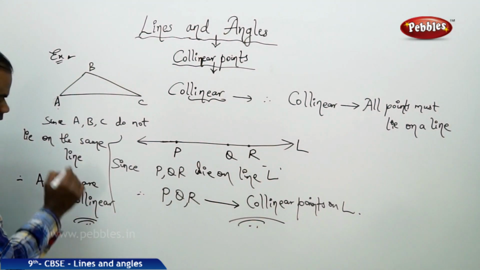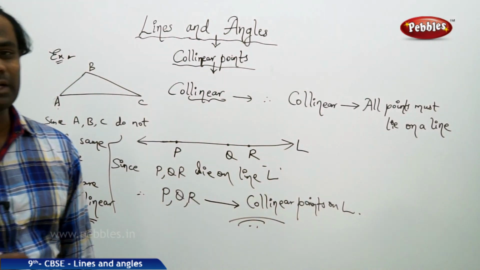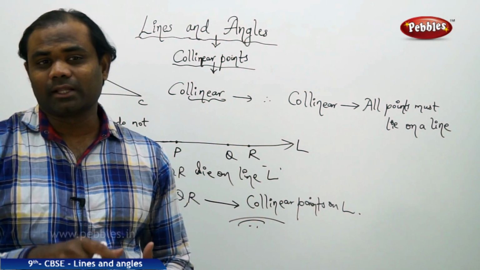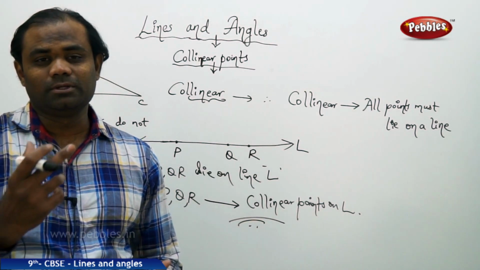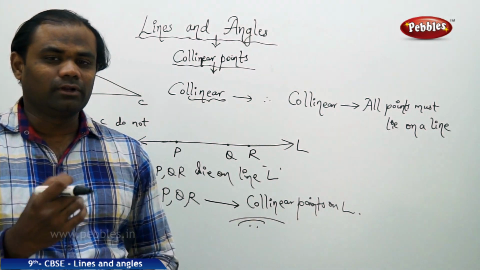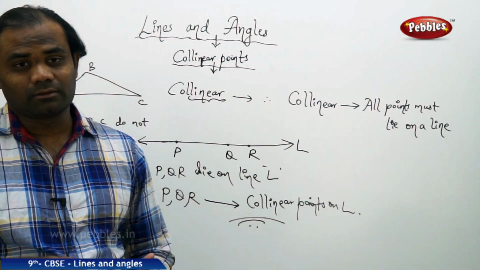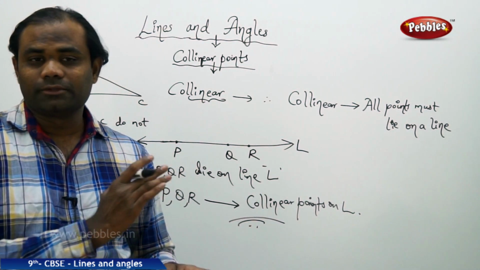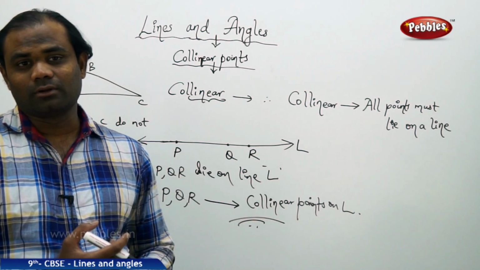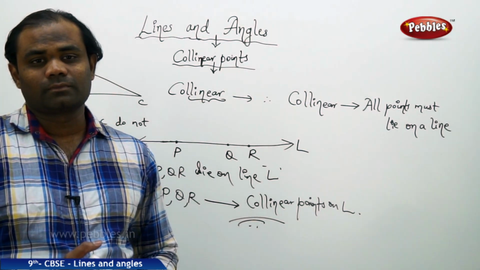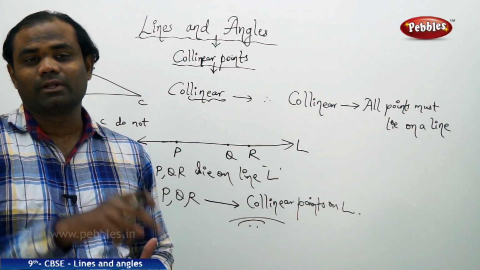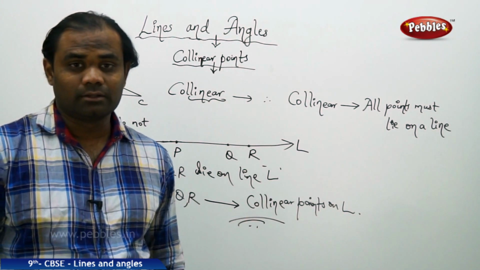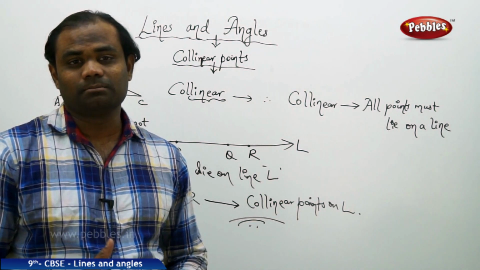This is how we understand the non-collinearity of the points. The 3 points must lie on the line L for the 3 points to be collinear. If one of the points does not lie on the line, though the other 2 points lie on the line, all the 3 points are said to be non-collinear. Non-collinear points do not lie on the line. Collinear points lie on the line L, is what we learn as the learning outcome.